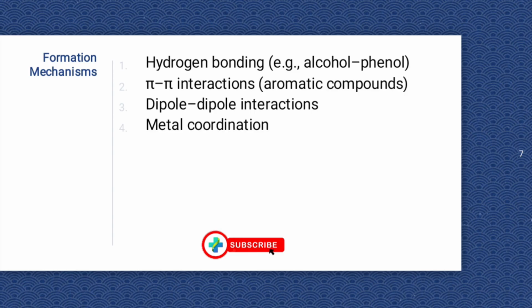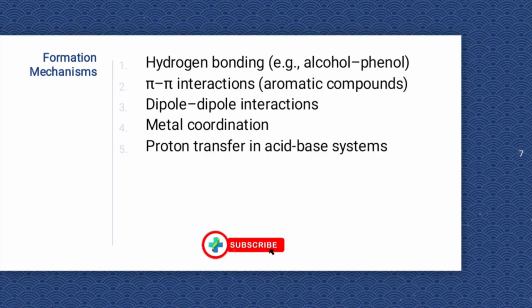Then the next one is metal coordination, that is, a lone pair donates to a metal ion. Then the last one, the fifth type, is proton transfer, which occurs in acid-base systems. Got it? So the strength of interaction is directly proportional to the polarity and donor ability of the molecules involved.